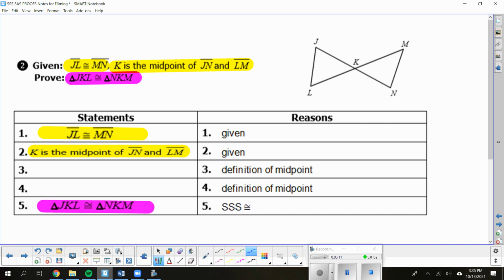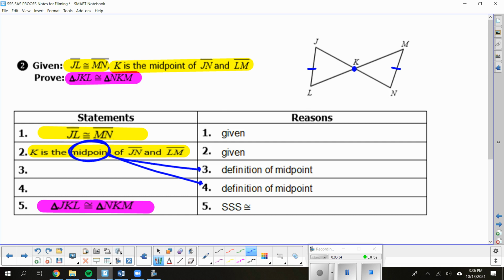I'm dealing with JL congruent to MN. And then I see that K is the midpoint of 2 different segments. It's the midpoint of JN and of LM. And if you notice, midpoint's my signal word. Since it's of 2 segments, you're going to notice that you actually are using definition of midpoint twice.